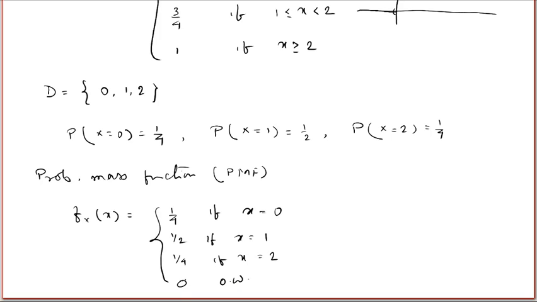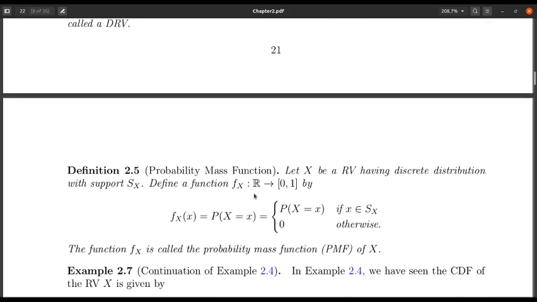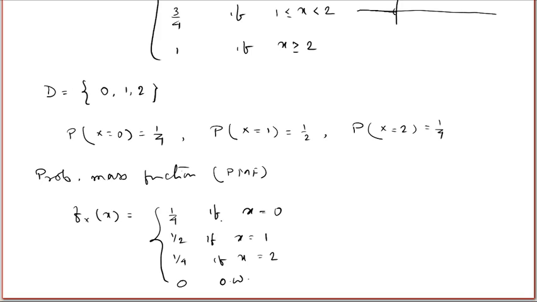Note that when we define the probability mass function, PMF, we define it as a function from R to [0, 1]. So clearly we have to define the probability mass function for all values of x, and that is what we have done here: the probability mass function is 1 by 4 at the point 0, half at the point 1, 1 by 4 at the point 2, and it is 0 for all other values of x.